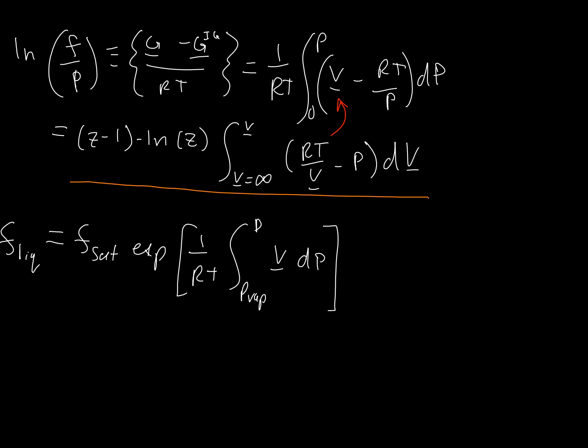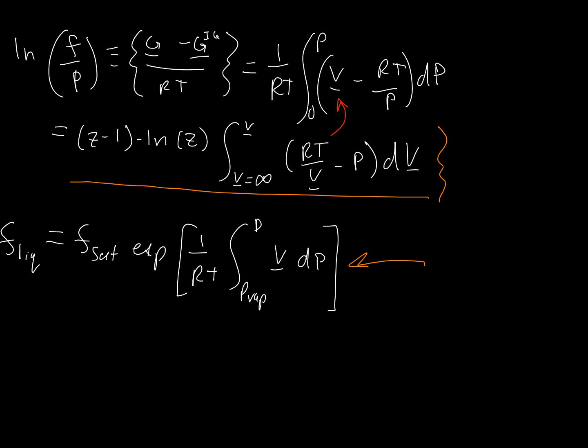Okay. Ultimately, if we have an accurate equation of state, we can use this expression here to calculate the fugacity of a liquid. The problem generally is that equations of state will typically break down for the liquid phase, in which case we will rely on the bottom expression.